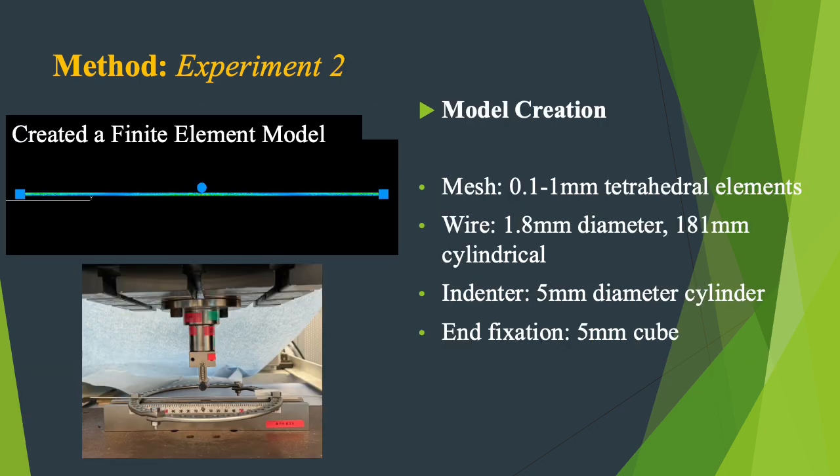FEM model. We then created a finite element model of the mechanical test with these specifications: mesh 0.1 to 1 mm tetrahedral elements, wire 1.8 mm diameter, 181 mm cylindrical, indenter 5 mm diameter cylinder, and fixation 5 mm cubes.